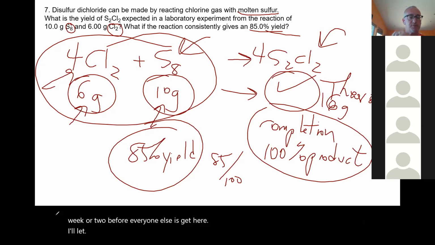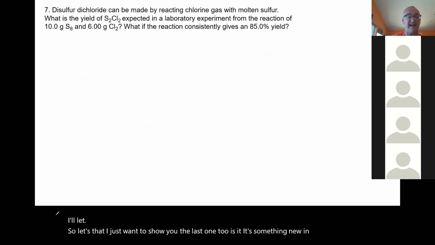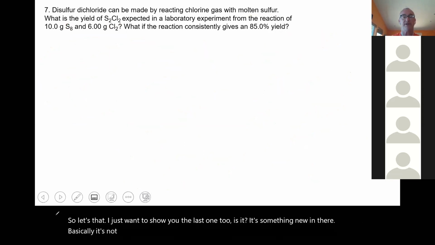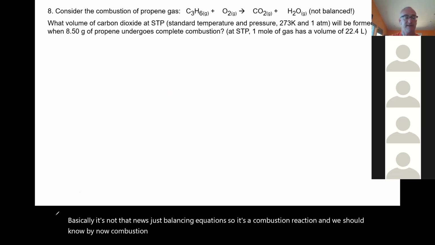Oh, so I just want to show you the last one too, because there's something new in there. Basically, it's not that new. It's just balancing equations. So it's a combustion reaction. We should know by now, a combustion reaction is just something that burns.